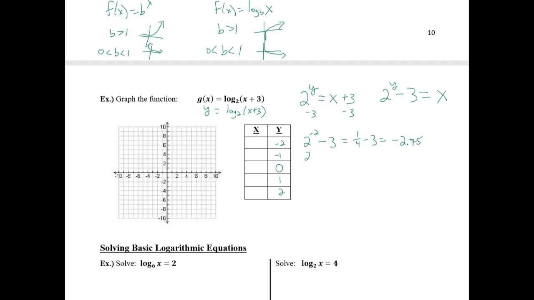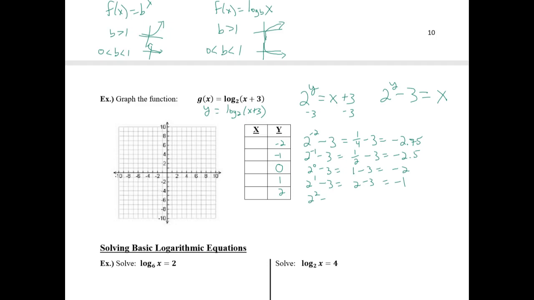And then if I plug in negative 1, I would get the reciprocal of 2, which is 1/2, minus 3 would be negative 2.5. Plugging in 0, 2 to the 0 power is 1. 1 minus 3 is negative 2. 2 to the first power, that would be 2 minus 3, which is negative 1.